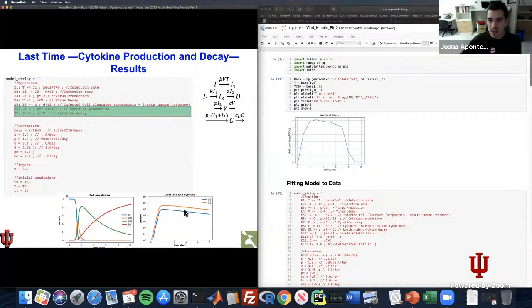So it's clear what I'm asking. I'm asking, once I include this, both my early infected and late infected cells produce this cytokine, and that cytokine decays, and that curve mimics closely the viral load curve.